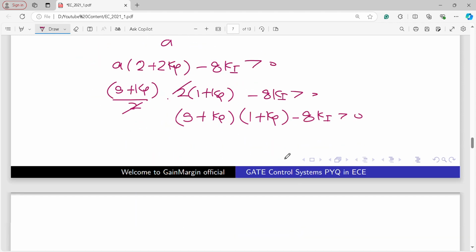Here in this equation we need to find out the ki, right? So what is the ki here?